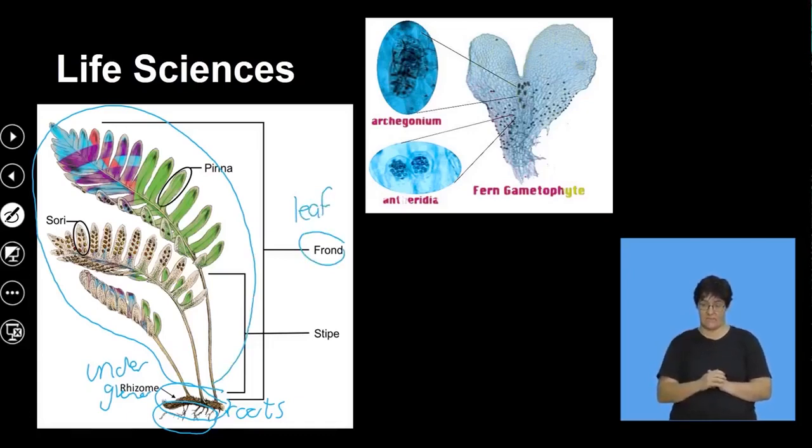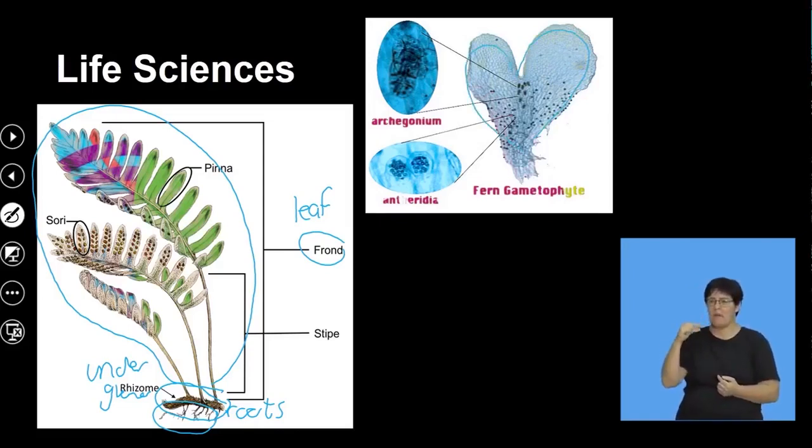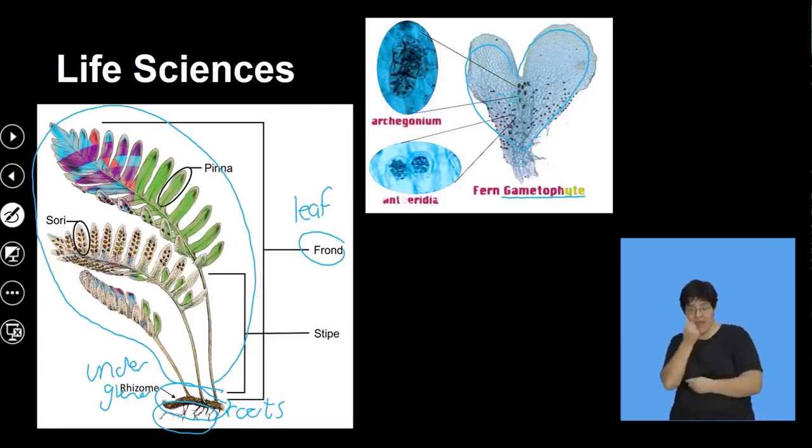Now I want you to have a look at something. I don't think you ever really see it because it disappears. When a fern is a baby, it consists of this little heart. It's tiny. It's called the gametophyte. And on the gametophyte is male and female.